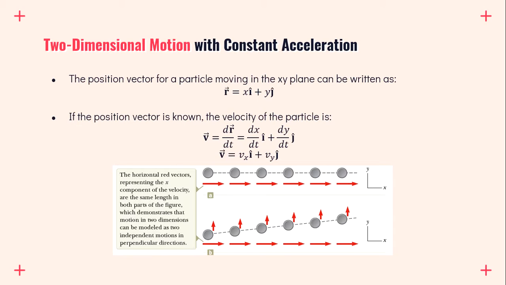So in dealing with 2-dimensional motion, you should treat the motion of the object in the x direction as separate and in the y direction as separate. They are independent of each other. And the resultant of those 2 components is the path of the motion that we can see in this figure.